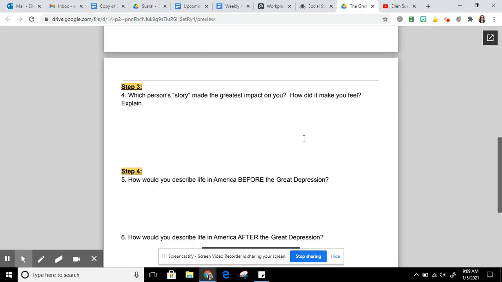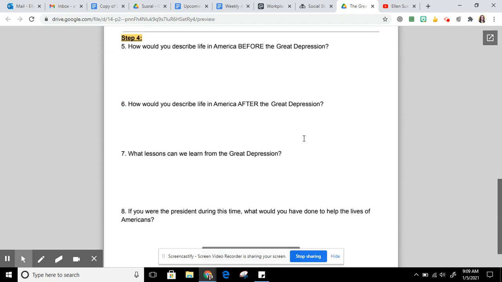Let's take a look at 5 through 8. Number 5, how would you describe life in America before the Great Depression? So think about the 1920s. We just talked about that right before our break, what life was like during the beginning and middle of the 1920s. So what was life like? How would you describe life in America after the Great Depression?